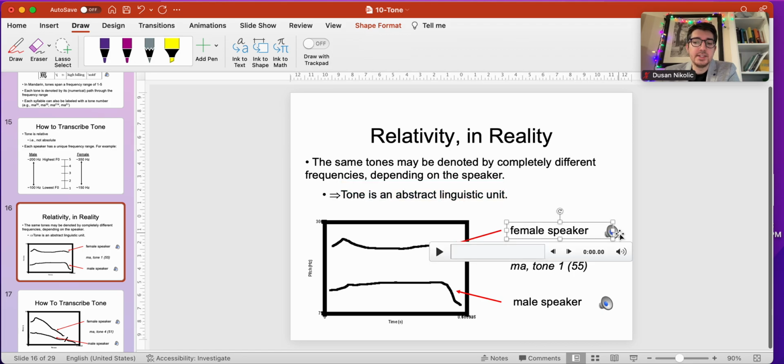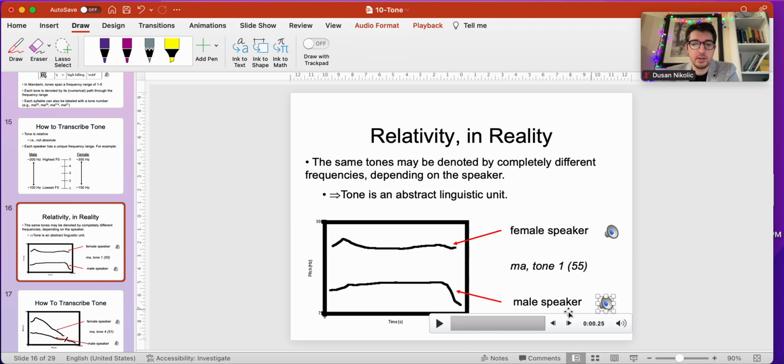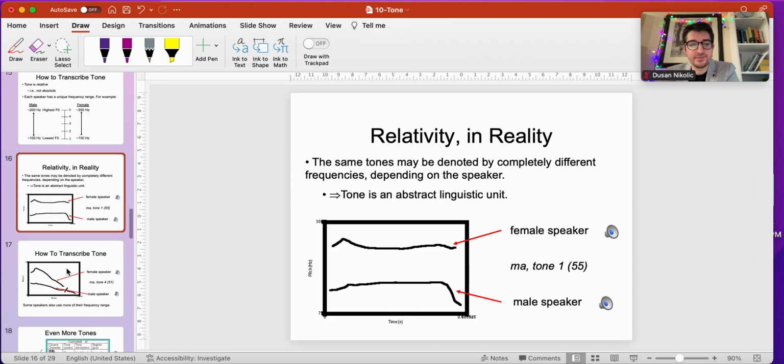So this is a tone, ma, tone 1, which means mother, produced by a female speaker, 妈, and a male speaker, 妈妈. Obviously, male speaker has a lower range, right, than a female speaker, which is higher. But the tone is one and the same thing. So the tone is one, although they have different F0s. And that's why we say tone is abstract, right?